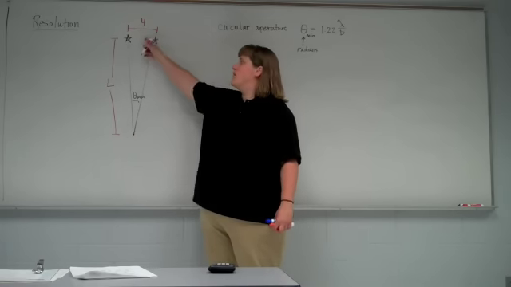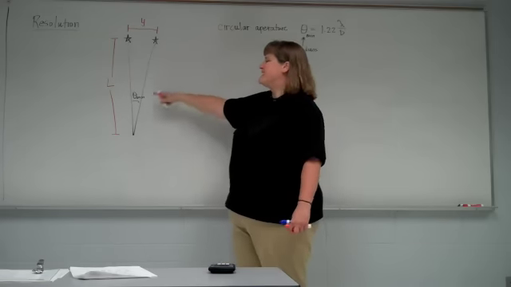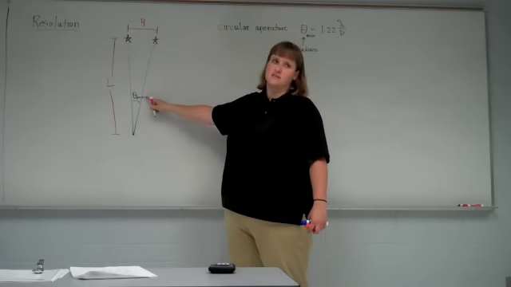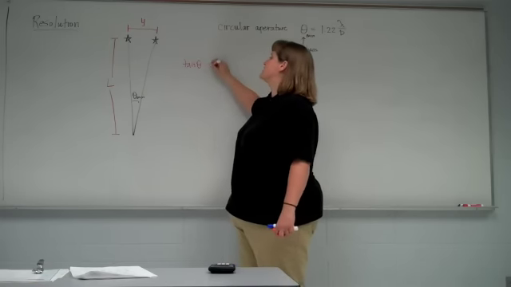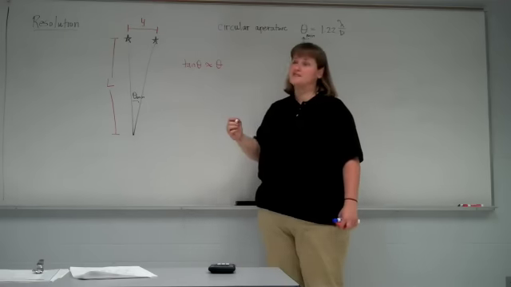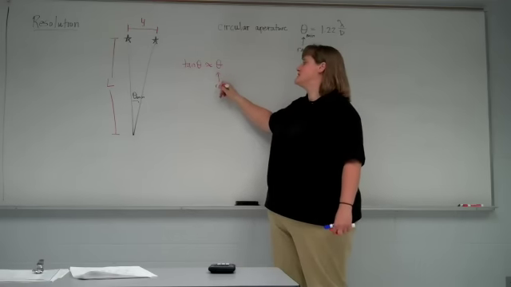Tangent of theta is y over L. This angle is very, very, very small. So the tangent of theta is approximately the same thing as theta, as long as theta is in radians.